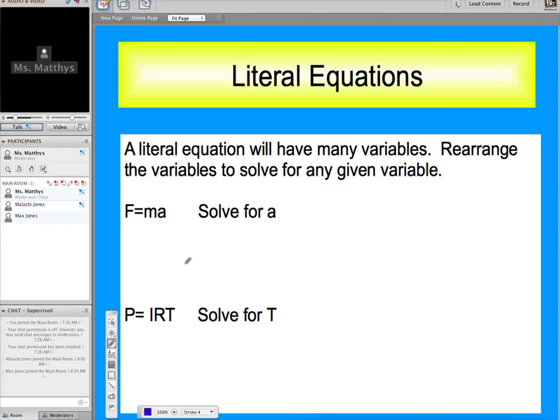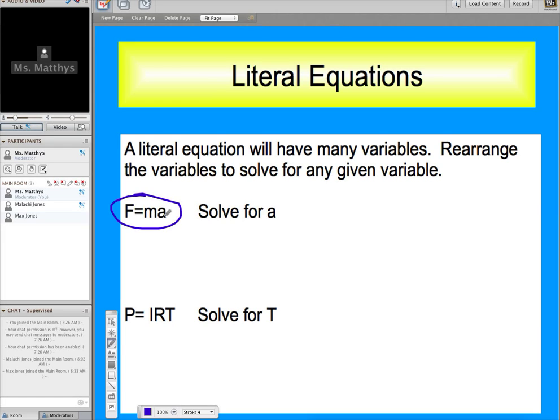All right, let's see. I'm going to give you just one last thing because I see your brother here. Literal equations. F equals ma. Solve for a. What they do with literal equations is give you a bunch of letters, and you have to rearrange and solve for another letter. Most of the time, all the letters are attached by multiplication. So F equals ma, and I need to solve for a.